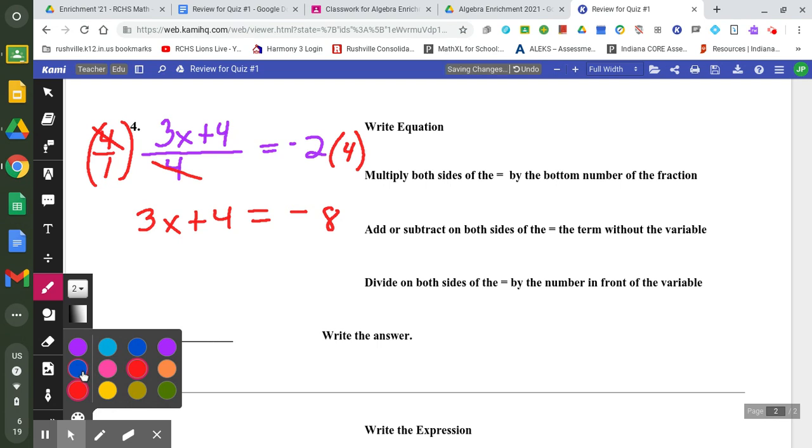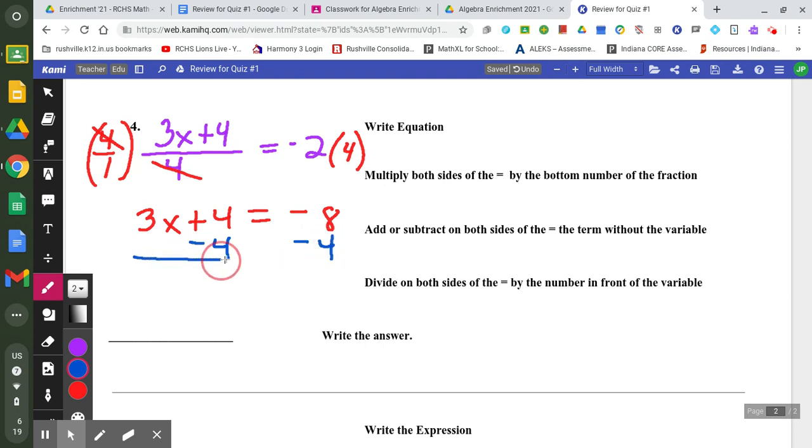And then my next step is to add or subtract on both sides of the equal sign the term without the variable. So minus 4 on both sides of the equal sign. Now I have 3x equals, and negative 8 minus 4 is negative 12.